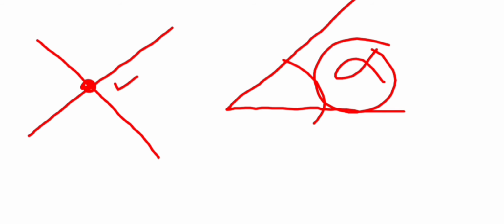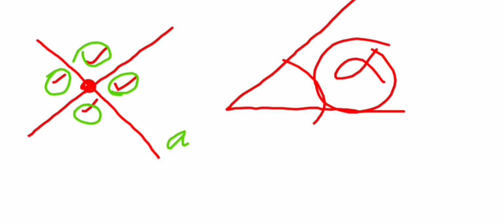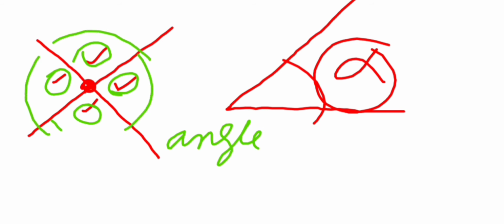Here two lines are meeting in a single point and four free spaces have been created. So these free spaces will be called the angle. Here are those four angles.